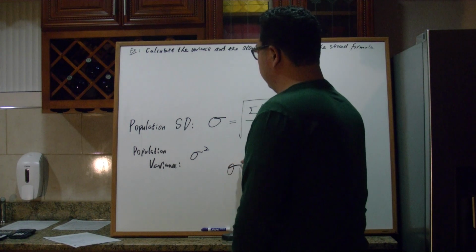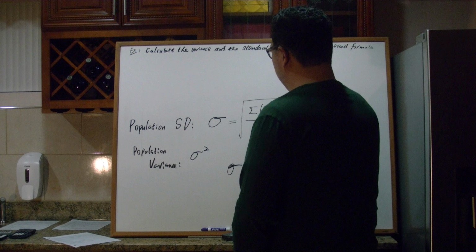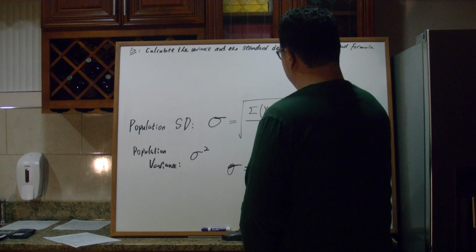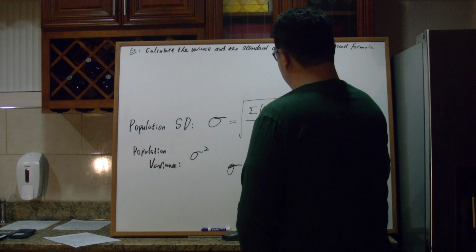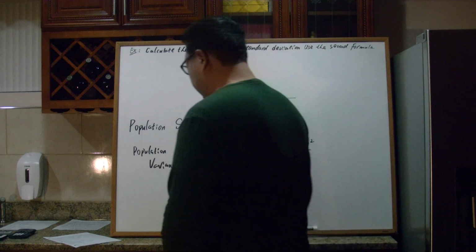And the standard deviation can also be built by the formula of the sum of x squared minus the sum of individual x, squared, over n, divided by n.